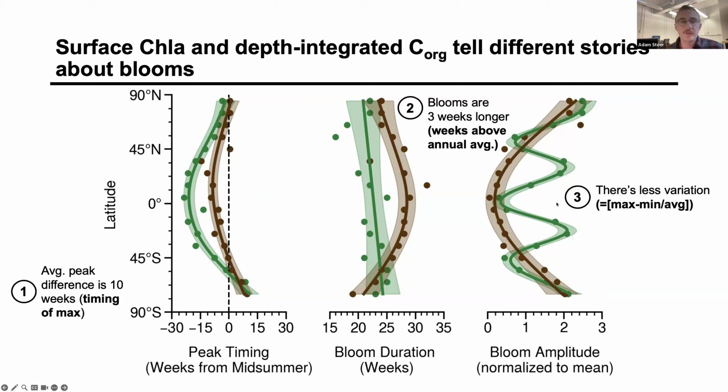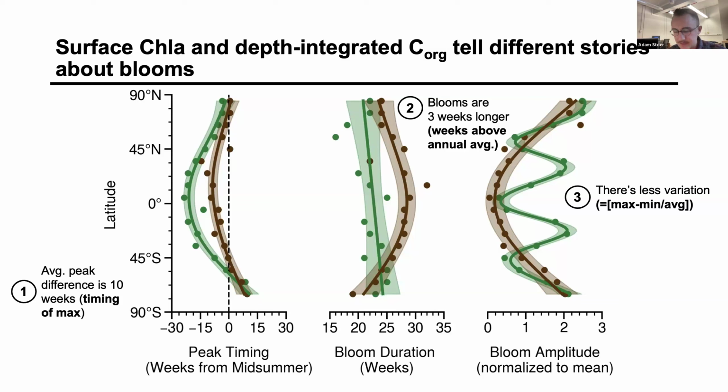So if you're using surface chlorophyll as a proxy for phytoplankton biomass, what surface chlorophyll tends to give you is blooms that occur earlier than what actually happens. They tend to look shorter, and they tend to have more variation than what's actually happening in the water column based on these BGC Argo measurements. So in other words, they don't serve as a very good proxy for phytoplankton carbon biomass.